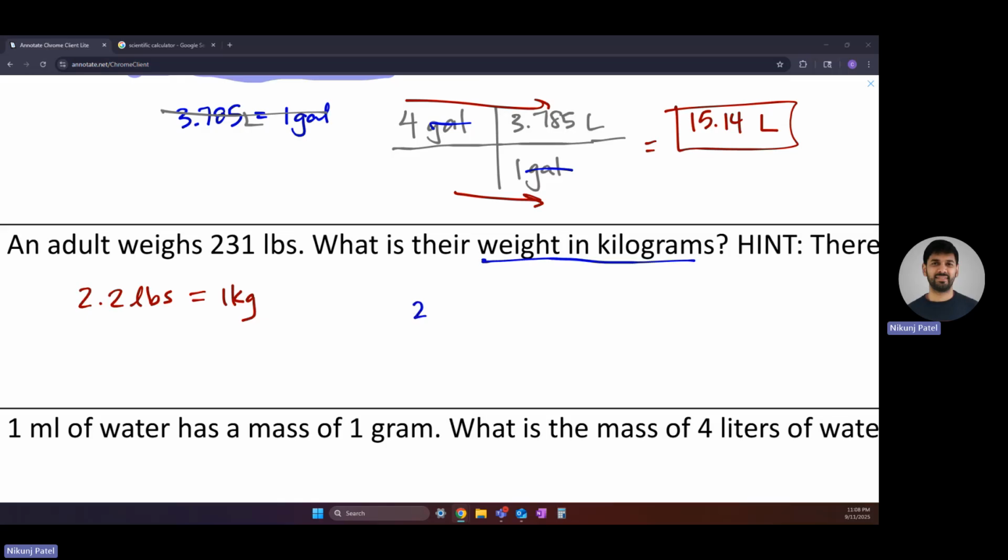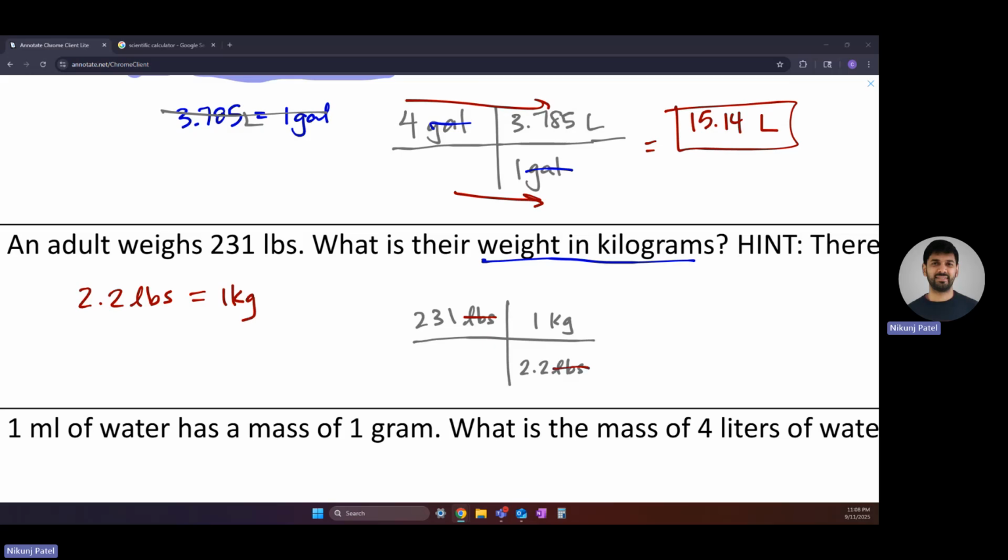So we start with the current patient's weight, 231 pounds. We follow that pattern down here, we want pounds, so it looks like 2.2 pounds is equal to 1 kilogram, and that's what we want. We want kilograms at the end, so this is just another one-step problem.